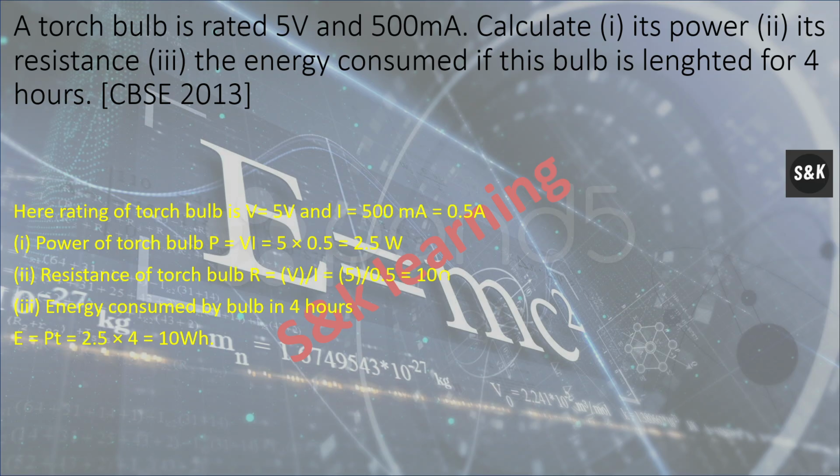Power of torch bulb P equals VI, that is 5 into 0.5, that gives 2.5 watt. Resistance of the torch bulb is 10 ohm. Energy consumed by bulb in 4 hours equals power into time, so 2.5 into 4 equals 10 watt hour.